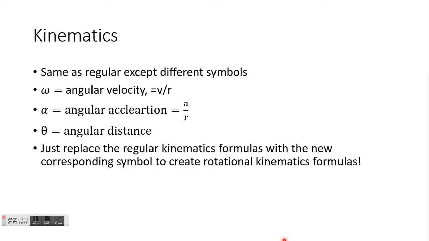You have theta, which is angular distance, the analog for like x or y, and you still have time, and you have omega naught and omega final as usual. So you just replace the regular kinematics formulas with the new corresponding symbol to create the rotational kinematics formulas. So like you'd have omega equals omega naught plus alpha t.